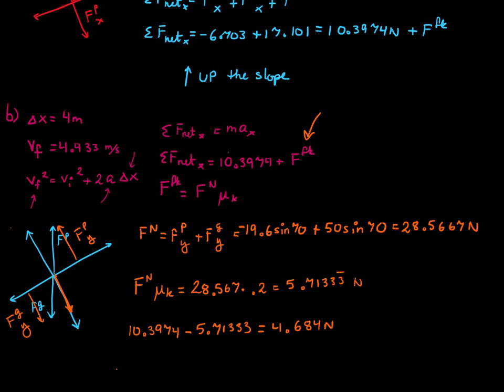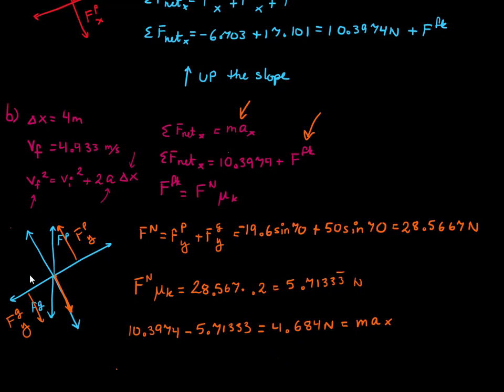So that's our net force in the x direction, and that is going to equal mass times acceleration in the x direction. So the acceleration in the x direction is just going to be 4.684 newtons divided by 2 kilograms, because that was the mass of the block.